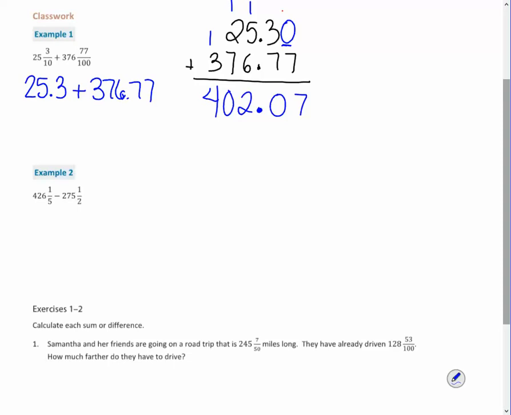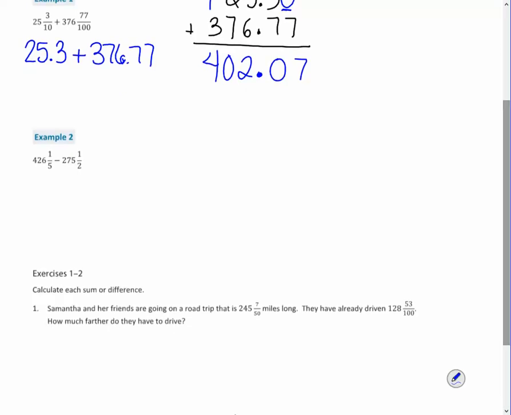Example 2 is the same kind of thing. We're converting any fractions to decimals. So 1/5, we've got to convert that. Now we can't just say 0.15 because that's not accurate, right? We need to take 1 and divide it by 5, or we need to say, okay, 1/5 equals what out of 10, right?